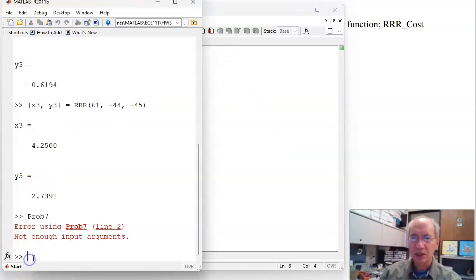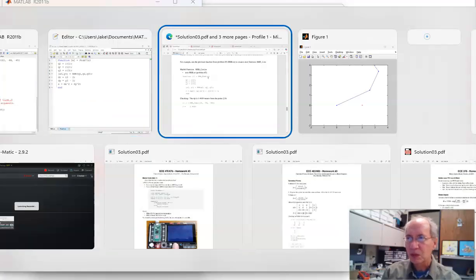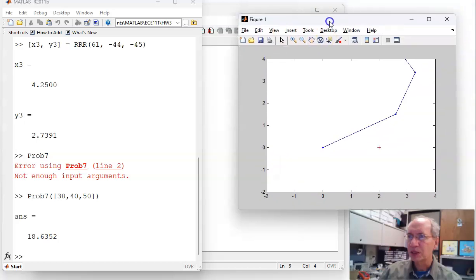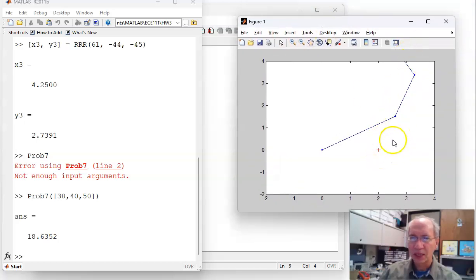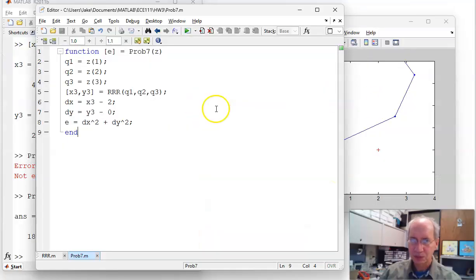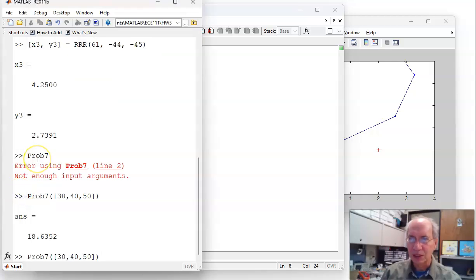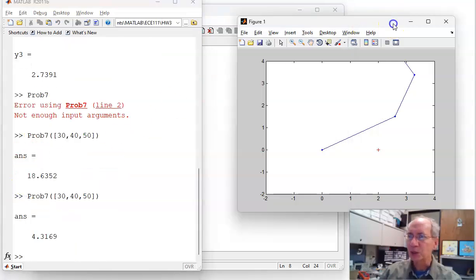So if I say, what is problem 7 at angles of 30, 40, 50 degrees, it says there's the robot, here's the tip position, and the distance is 18.6. And optionally, that's the distance squared. Try that again. Distance is 4.31 meters away.